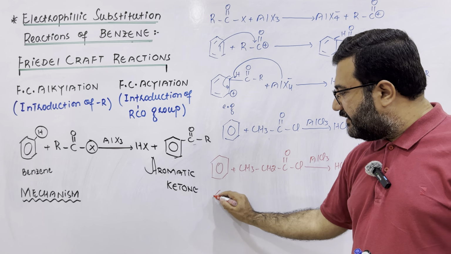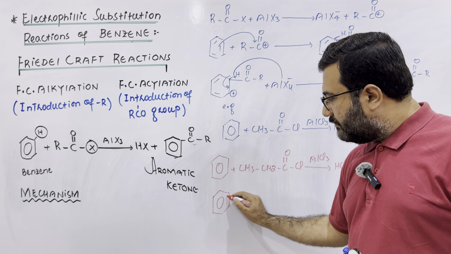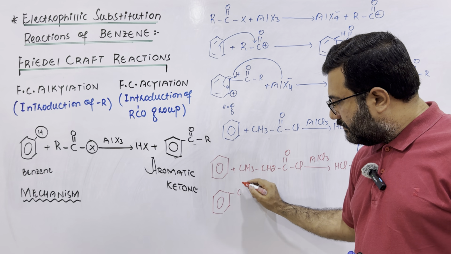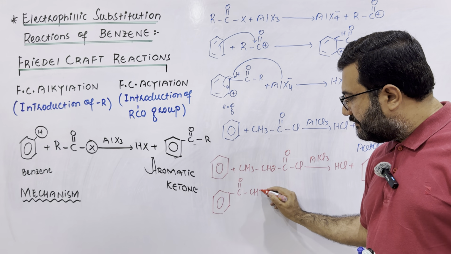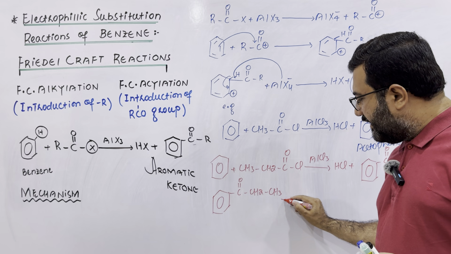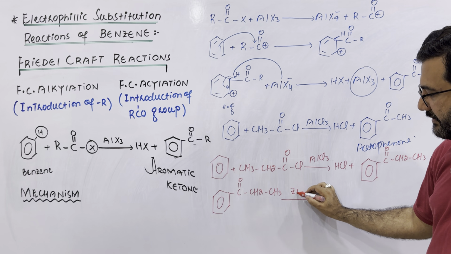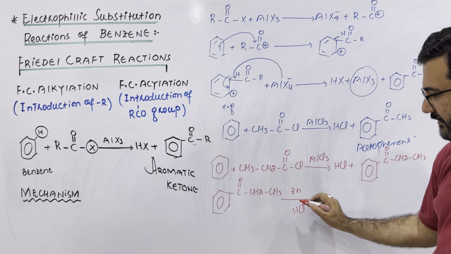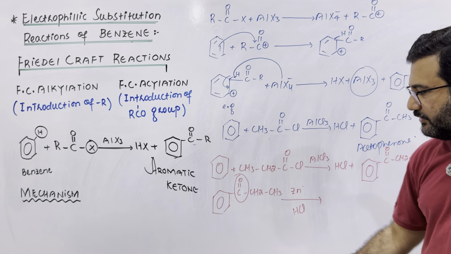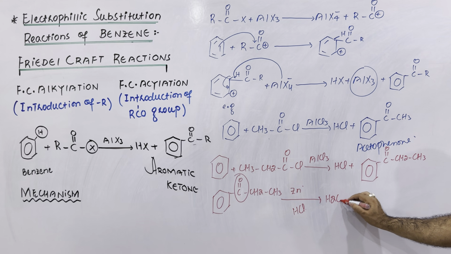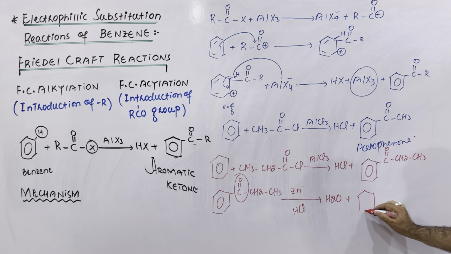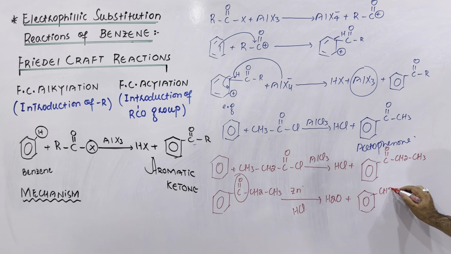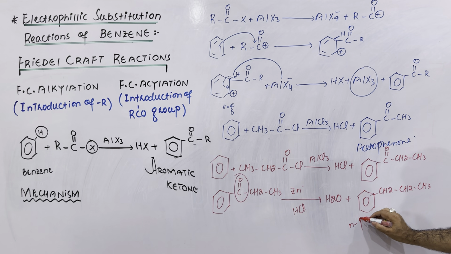And this ethyl phenyl ketone is then reduced by using the Clemmensen reduction, zinc with HCl, that will reduce this carbonyl group. After the loss of water, you will get the N-propyl benzene.